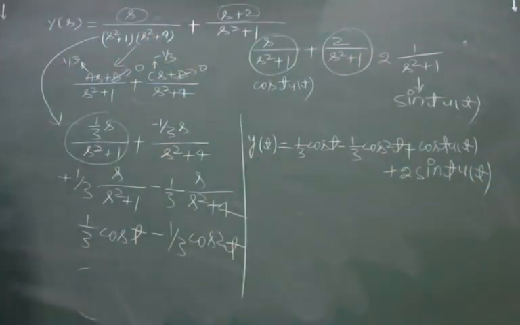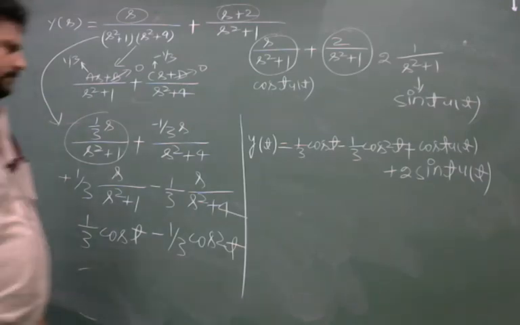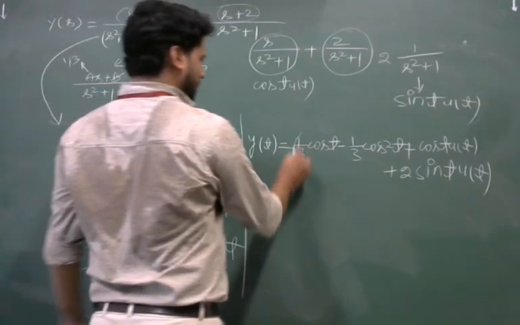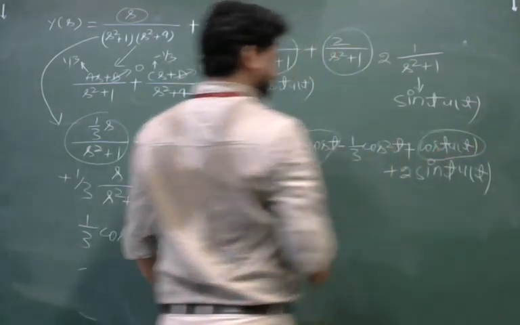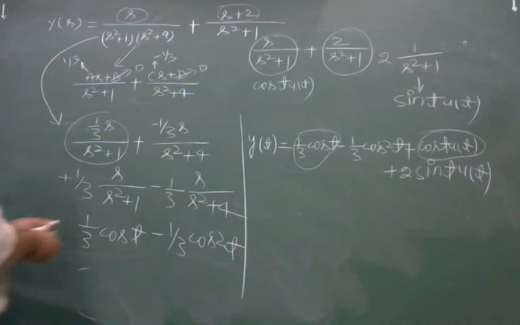This is the overall output response of the given system whose differential equation is given with all the initial conditions. So this is what we will get at the output of the system. Further we can add this cos t and cos t and simplify the equation more.